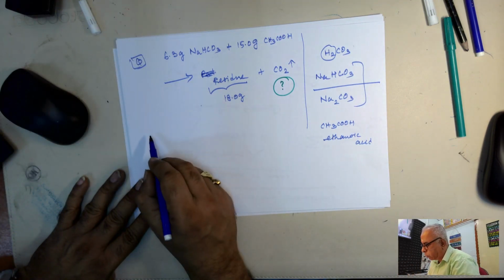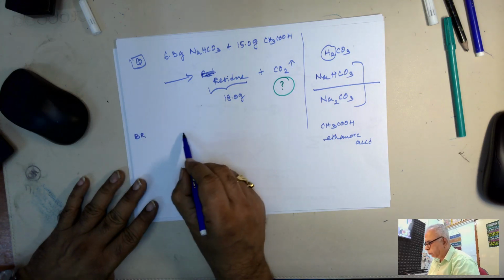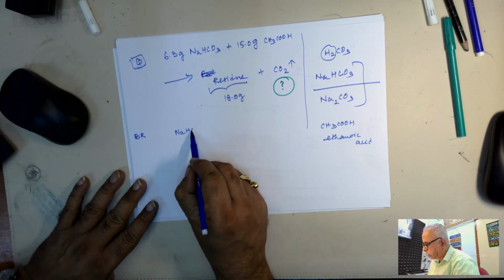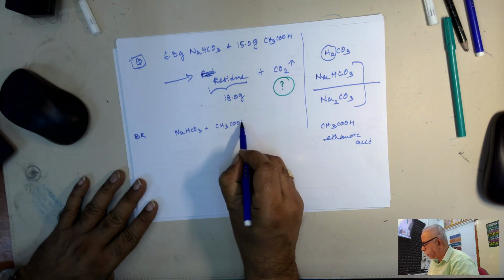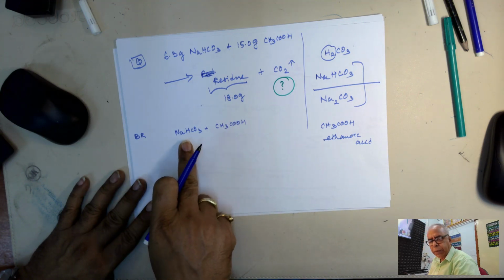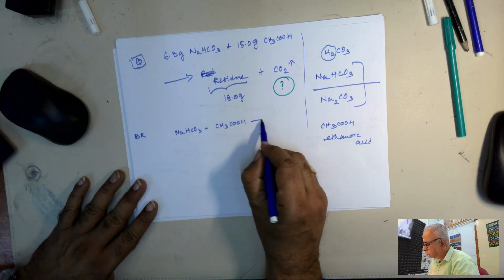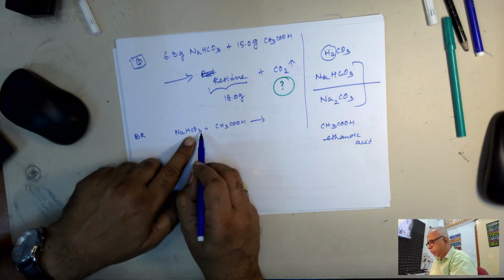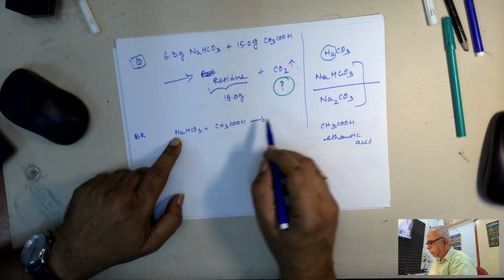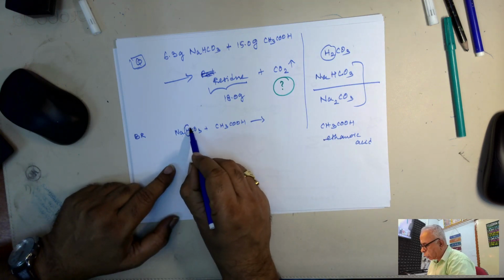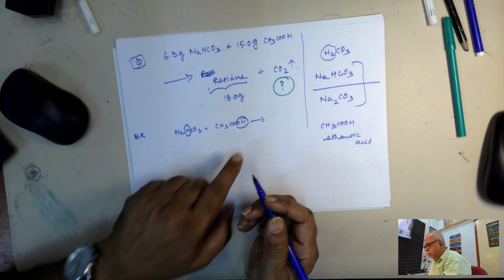Now let us write down the reaction. So we have to write down the balanced reaction. NaHCO3 combines with CH3COOH. This is a kind of salt, and this is a weak acid. Now listen to me: this sodium, and this H and OH, can form water.